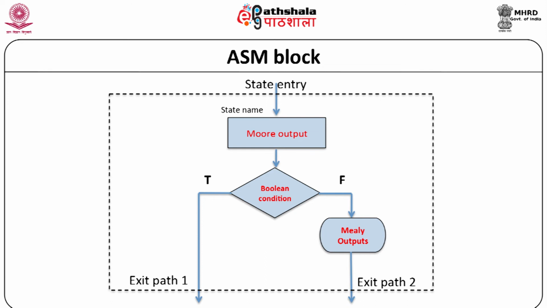The ASM block symbols indicate a process involving a present state, the decision box, conditional output symbol and the next state. A Moore sequential circuit is represented without conditional output symbols, and the Mealy model includes conditional output symbols.